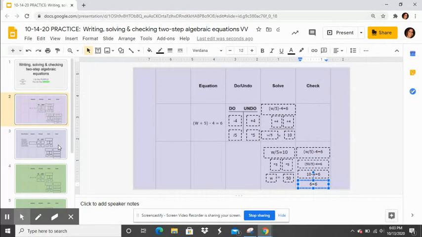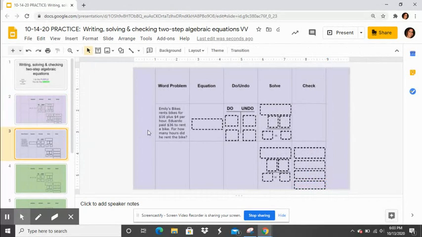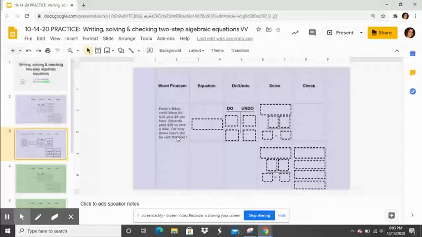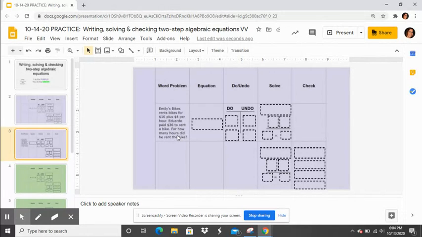All right, so now I go to the second purple slide, and I have a word problem. Emily's Bikes rents bikes for $16 plus $4 per hour. Eduardo paid $36 to rent a bike. For how many hours did he rent the bike? Well, in the previous notes, when it's asking the question, so for how many hours, that's going to be your variable.